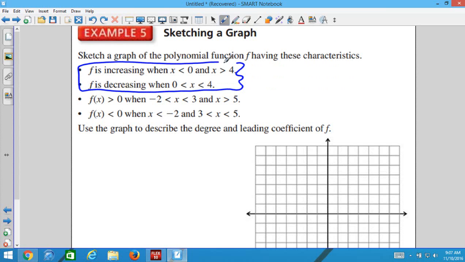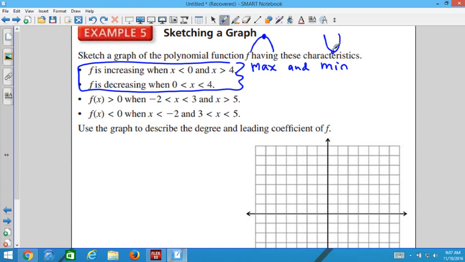these two have to do with the max and the min on the graph. Do you remember what a max is? Remember, the max would be where it has a top point. And what's a min?